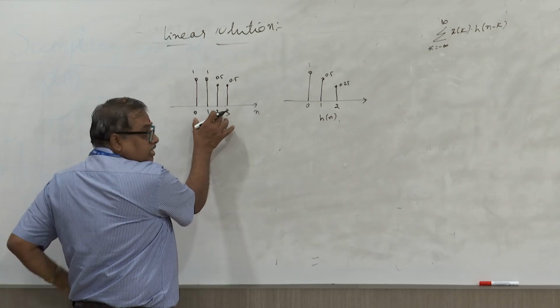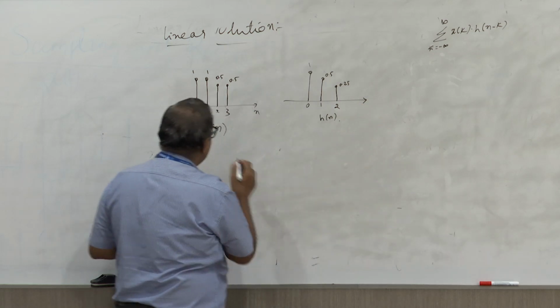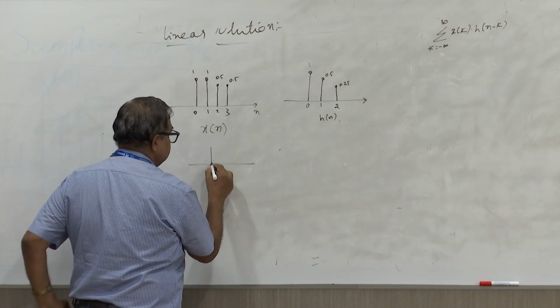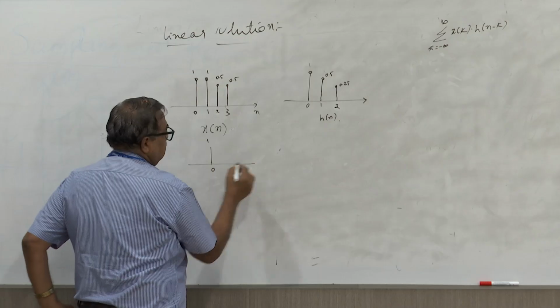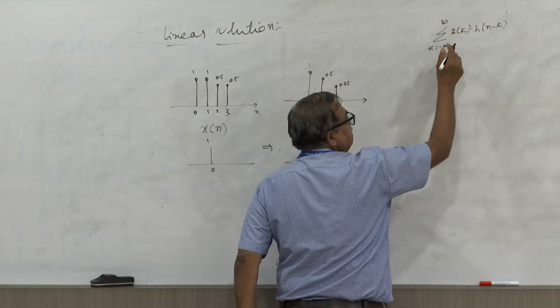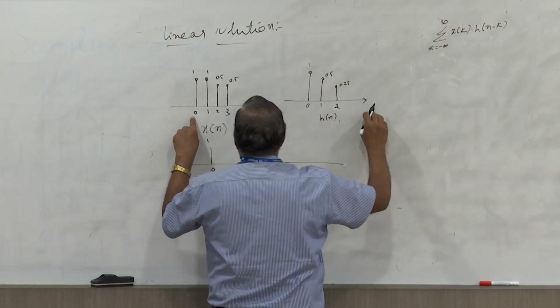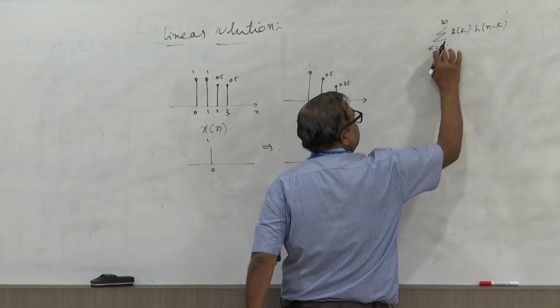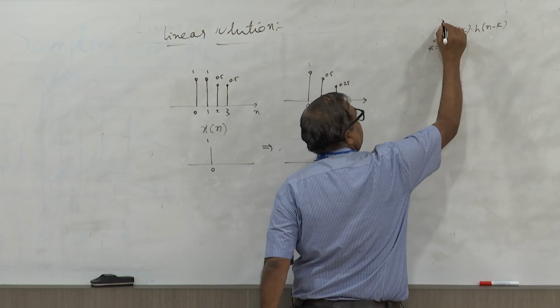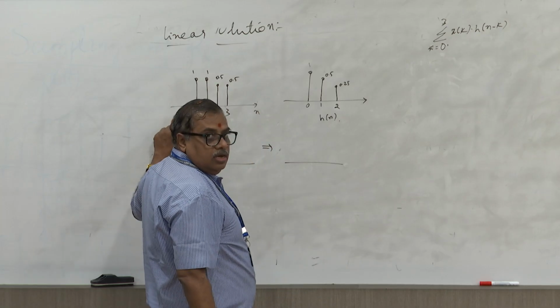I'll keep x of n constant and try to shift this h of n. I will take the first sample, which is 0, so this is 1. Then I'll put k equal to 0 here. So the range is 0 to 3, because we have got only 3 samples here, so there is no minus part.